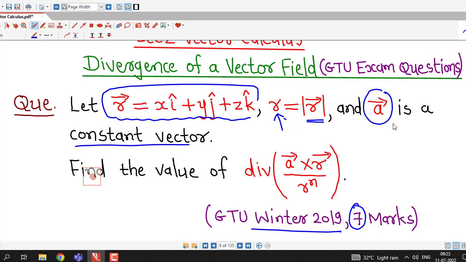Constant vector means its components are constants, and using this information we have to find the value of divergence of cross product of this constant vector with position vector r bar divided by nth power of this r, that is r is the scalar function. So to obtain this divergence of this vector, first we will decide what is this cross product a bar cross r bar, then we will multiply it by 1 by r raised to n.